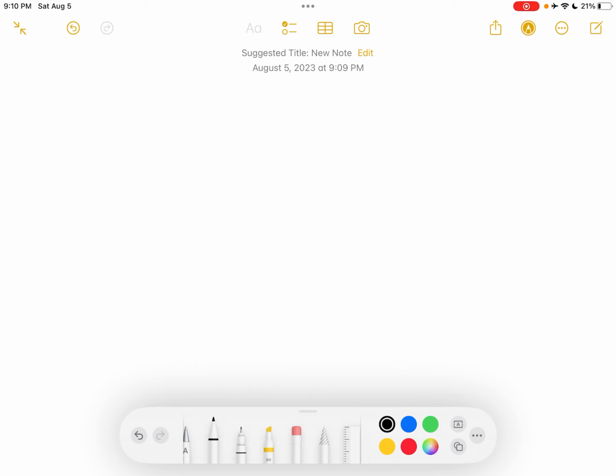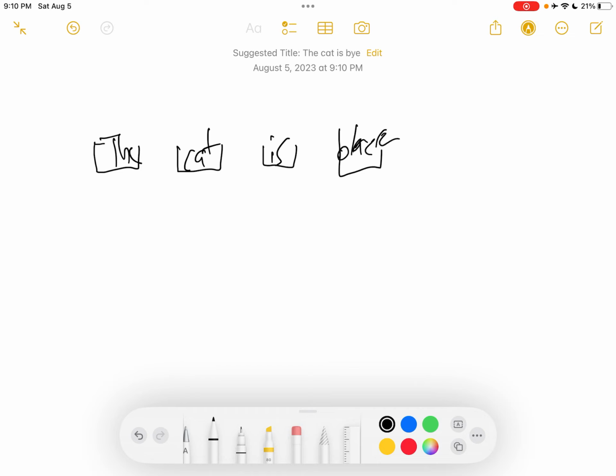Okay, so usually when we have a transformer, we feed it words, right? The first word is going to be like, the cat is, I don't know, black.